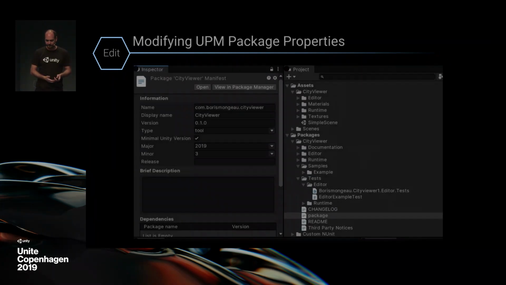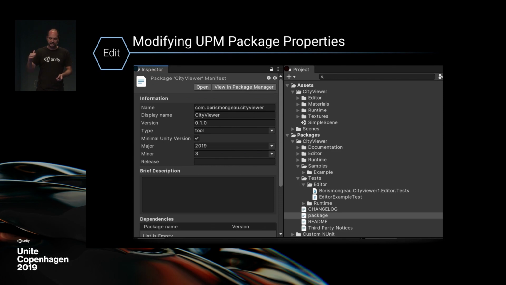So next thing is you want to modify your UPM package. So essentially, instead of going in the package.json, you can go in the inspector. So if you click on the package.json file in your packages in project browser, it's going to show up the inspector with all the information that you need, the basic information. The name is already, it's going to be your organization and your package name. The display name you just entered just before when we click plus create package.